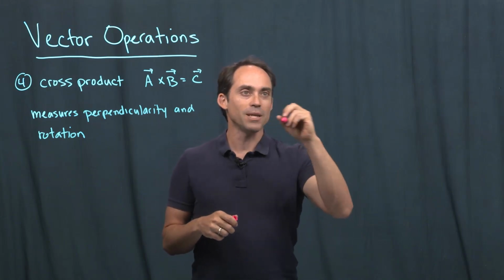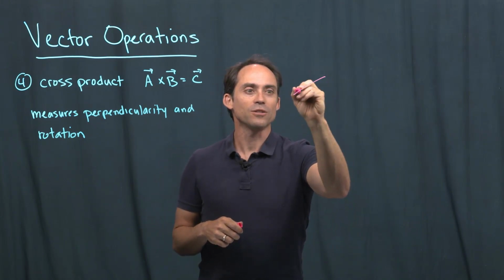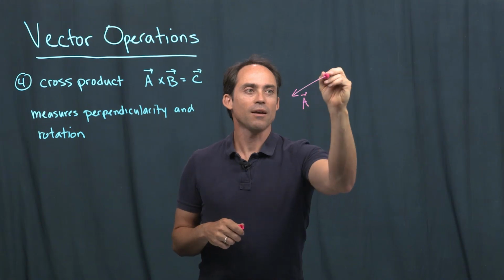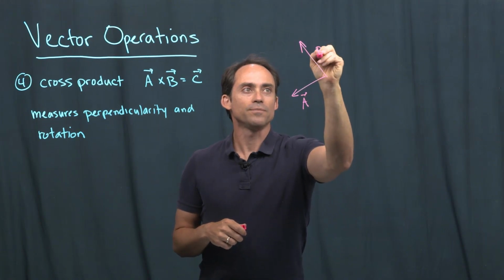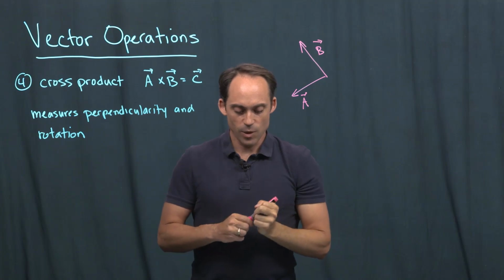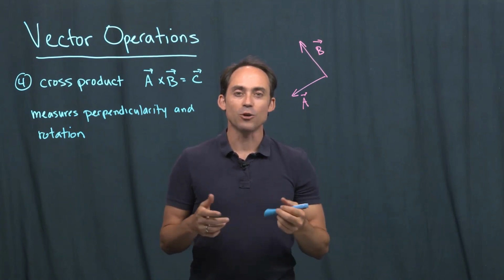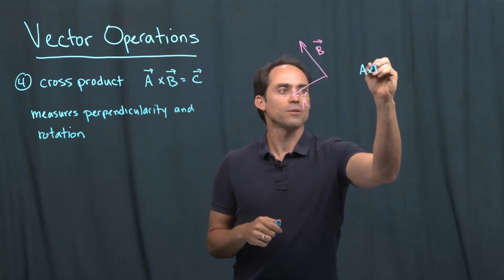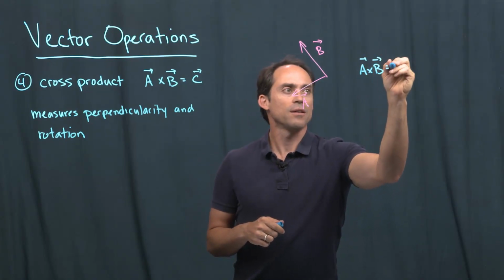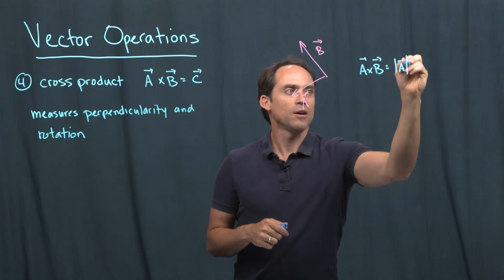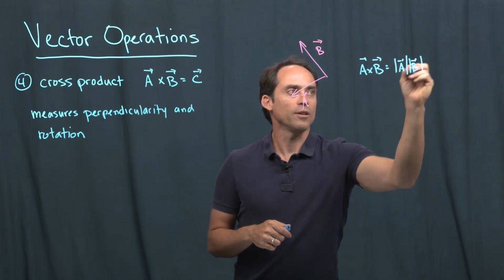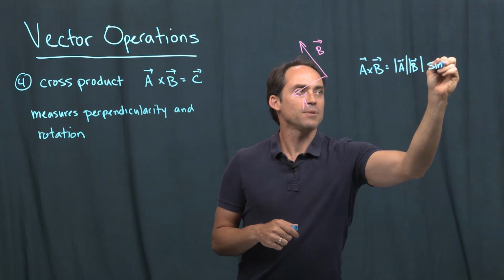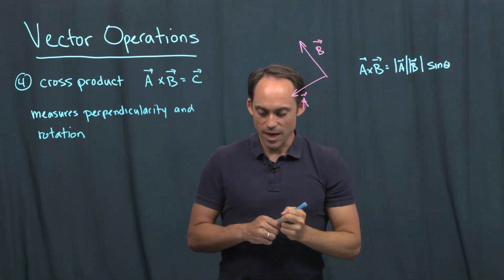And so again, let me take two vectors, A and B. We can calculate the value of the cross product in much the same way as a dot product, where we've got the magnitude of the two vectors, or their lengths, and this time times the sine of the angle between them.